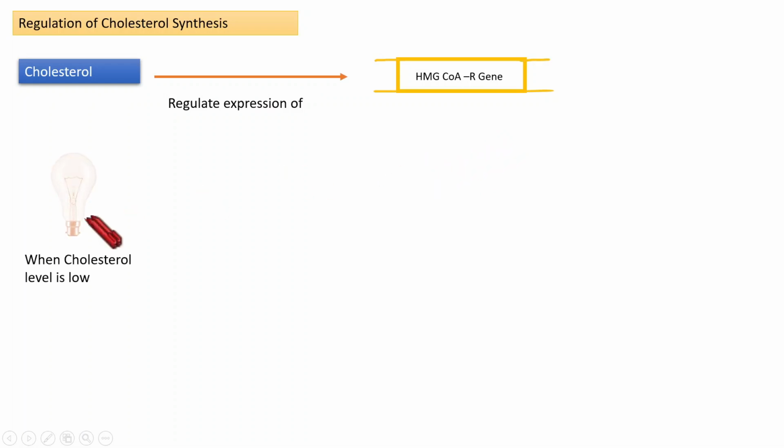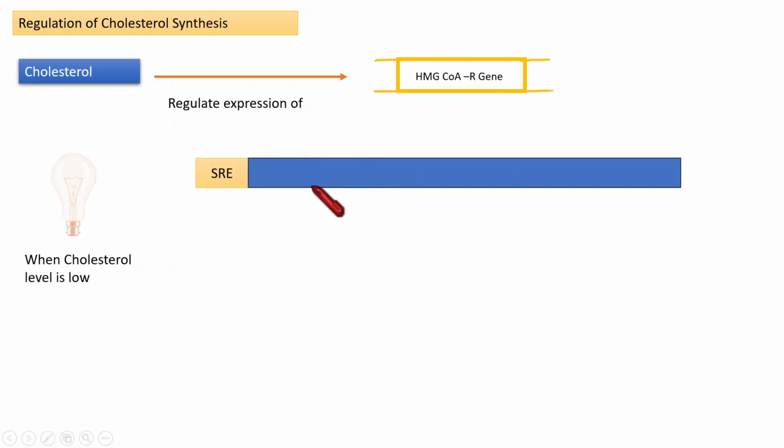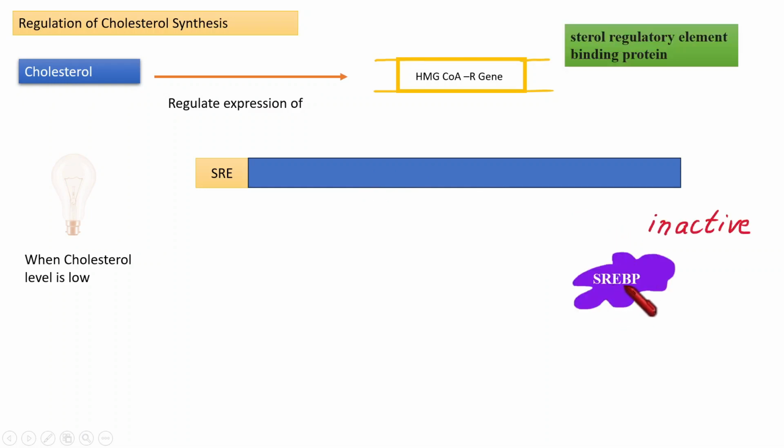How does that regulation happen? First, I am going to talk about the condition when the cholesterol level is low. I am just drawing the picture of that DNA that is responsible for forming the HMG-CoA reductase enzyme. There is a protein present, SREBP protein.